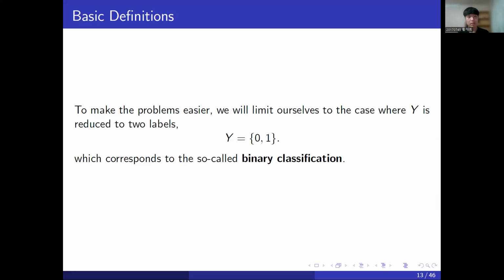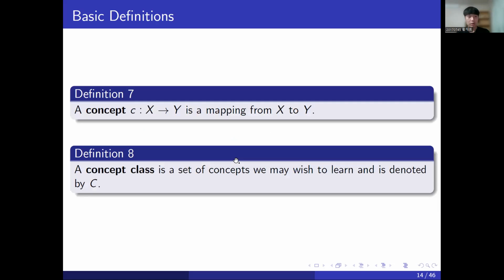Also, to make the problems easier, like in previous presentations, we will limit ourselves to the case where Y is reduced to two labels, like this set, which corresponds to so-called binary classification. Now I introduce another definition. This might be quite confusing.